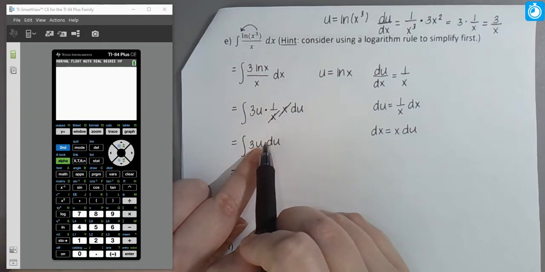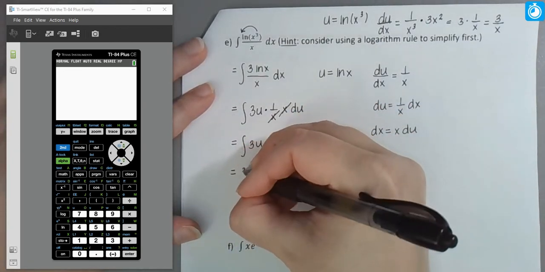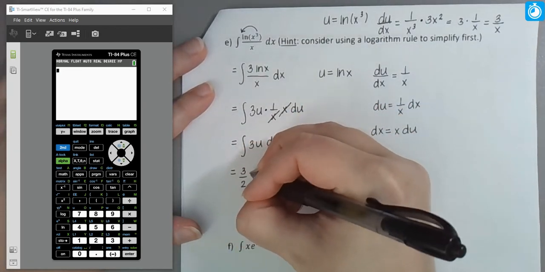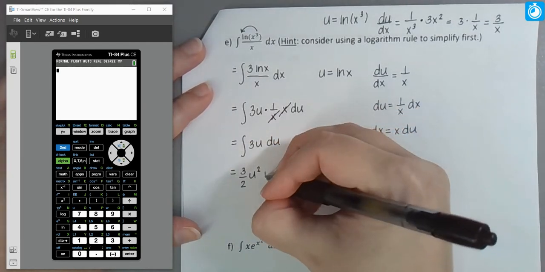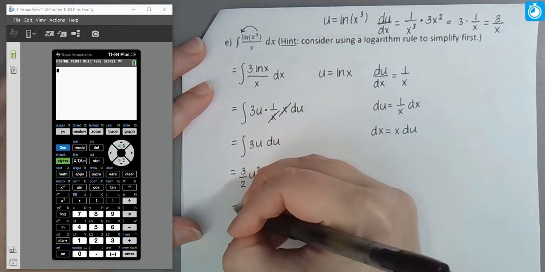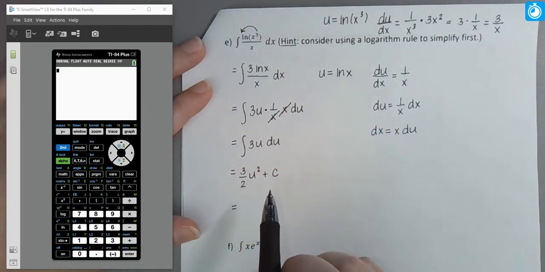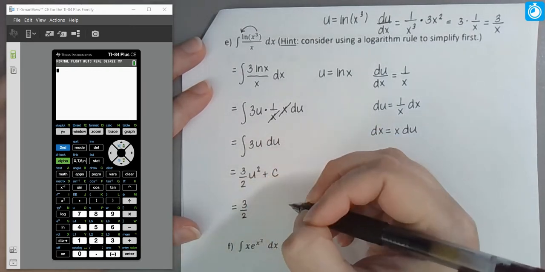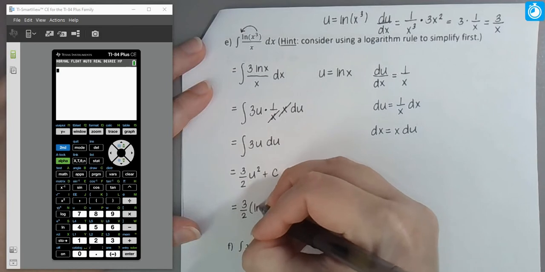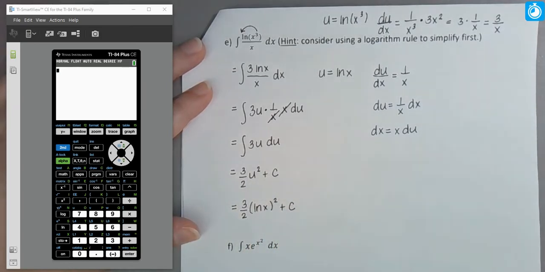We're going to raise our exponent 1 to the next power, which would be 2, and then divide by that new exponent. So that's going to give us 3/2 u squared plus c. And then we're going to resubstitute with natural log of x. So that's going to be 3/2 times the natural log of x squared plus c.